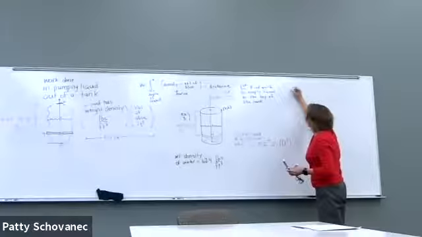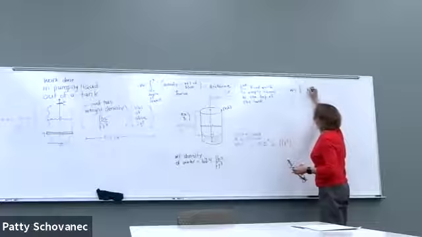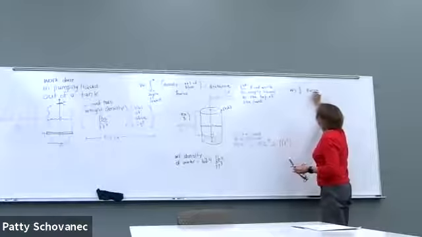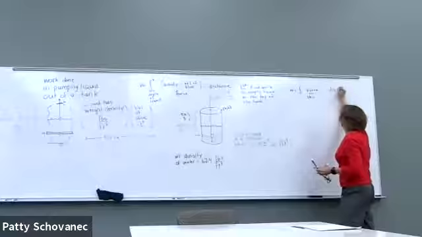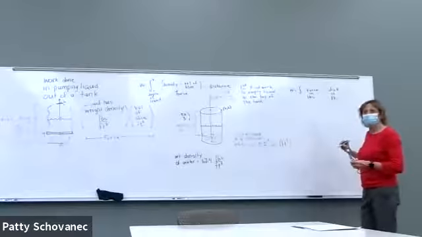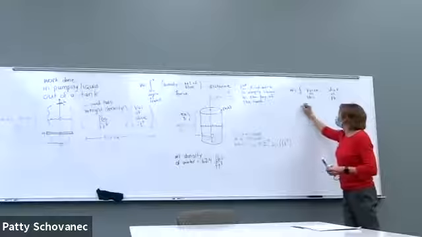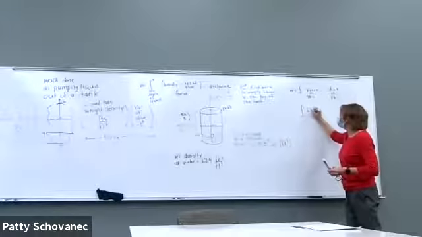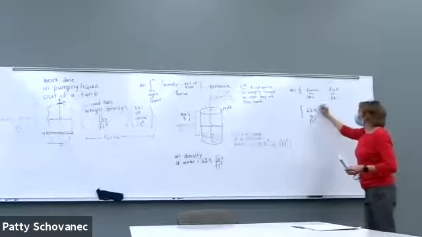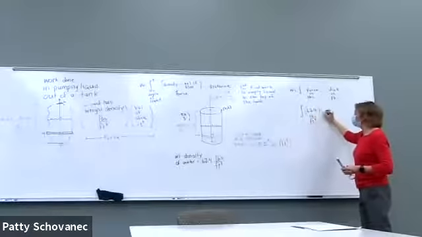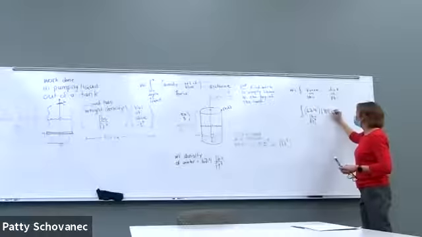So work is the integral of force in pounds times distance in feet. So my force in pounds, I said, was the 62.4 pounds per cubic feet times the number of cubic feet, pi times 2 squared.